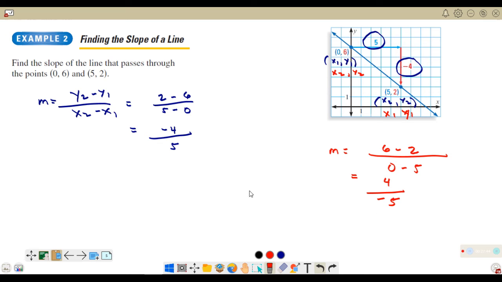Don't worry about it because we have the rule in fractions that a over b is equal to a over negative b, which is also equal to negative a over b. Parehas lang yan.